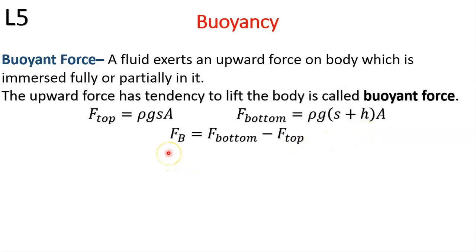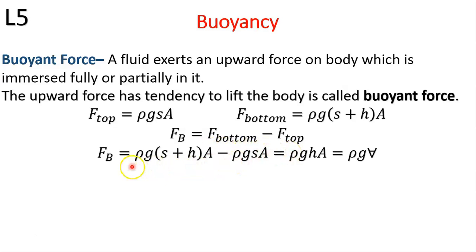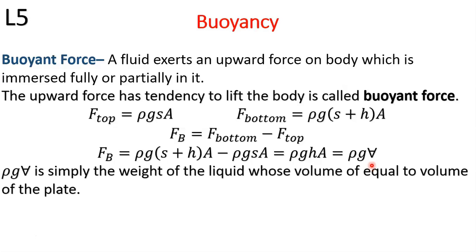So the net buoyant force can be calculated as F bottom minus F top, and when you work that out, you are left with rho g H A, and H into A makes the volume of the submerged object in the fluid.